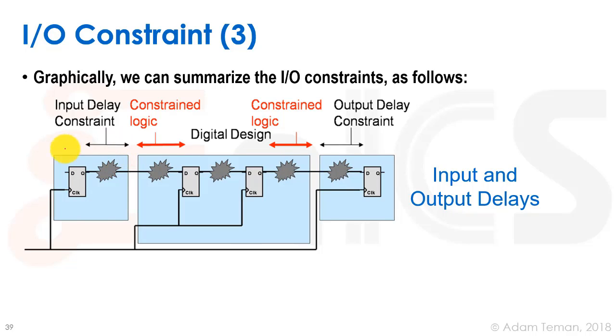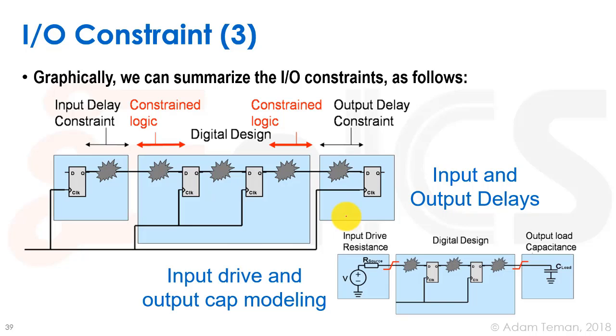So what we do is something like an input constraint, an input delay to model this guy, an output delay to model this guy. In addition to that, we have to show what our driver is here. That's our set_driving_cell, and we have to show what our output load is, and that's with the set_load. So that's how we're going to model our inputs and outputs to our design.